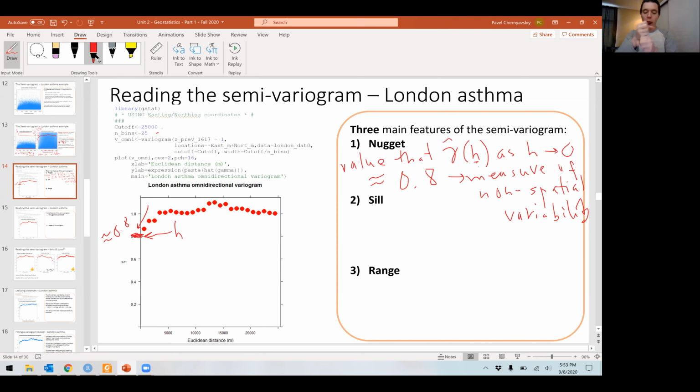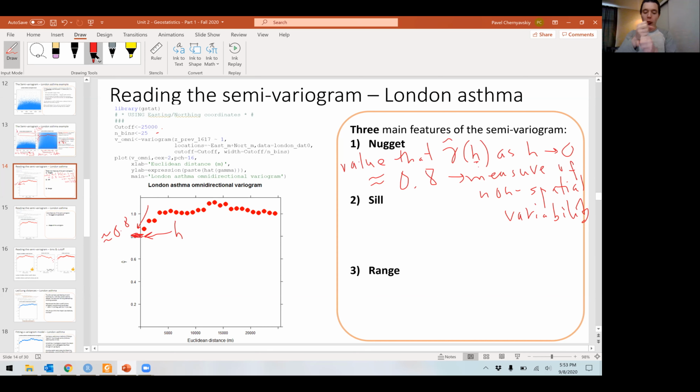We know that because these are z-scores, the variance is equal to 1. Total variance is equal to 1. Of that total variance, we know the non-spatial variance is about 0.8, right? It's the value that the variogram approaches as the distances get closer and closer to 0.